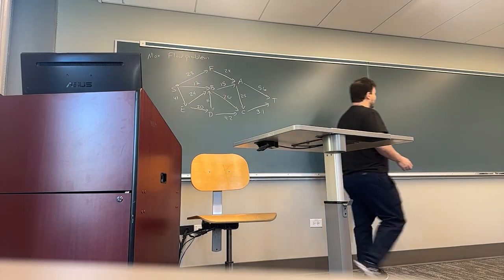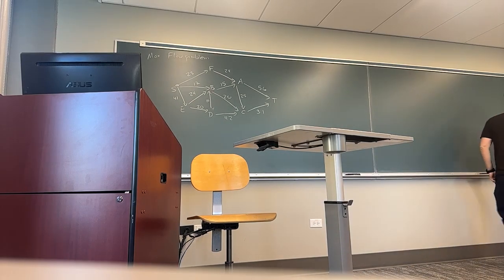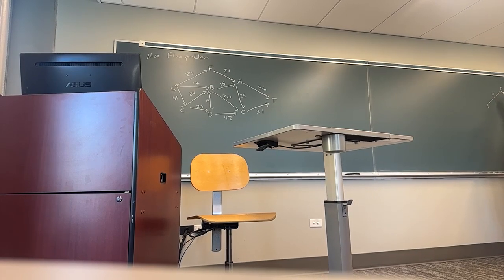The idea is that we're going to have the flow graph over here, and at the beginning, it's just the nodes. I'll imagine it with zeros everywhere.